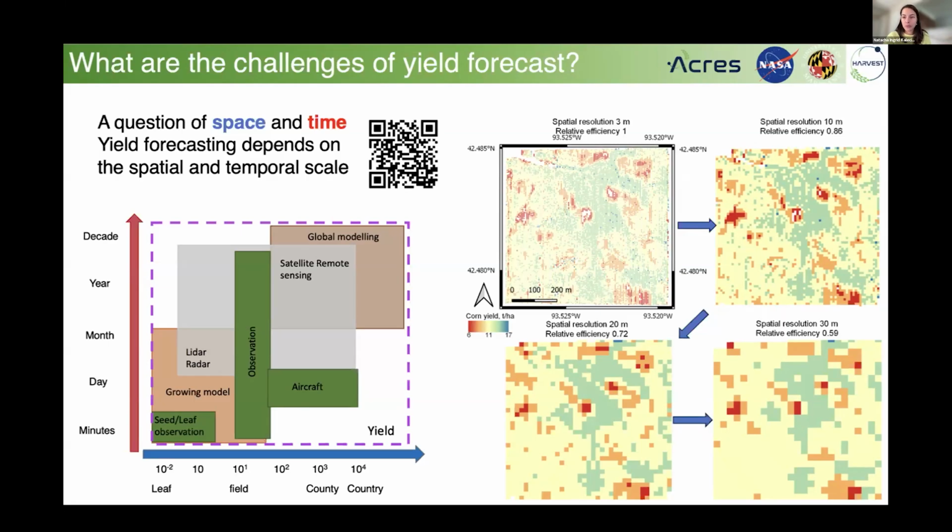We have to ask ourselves the question, what spatial scale do I want to look at? For that, it will depend on what kind of method and what kind of data you will be able to use. For example, if you want to look at field level, you will use LiDAR, radar data, or airborne data.